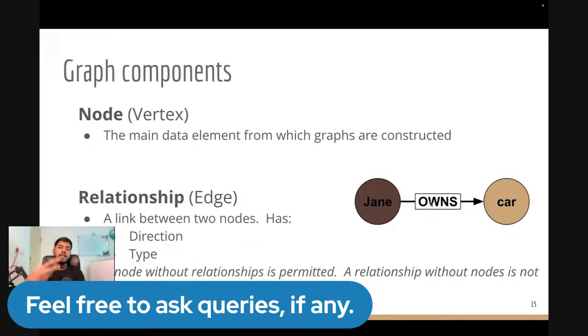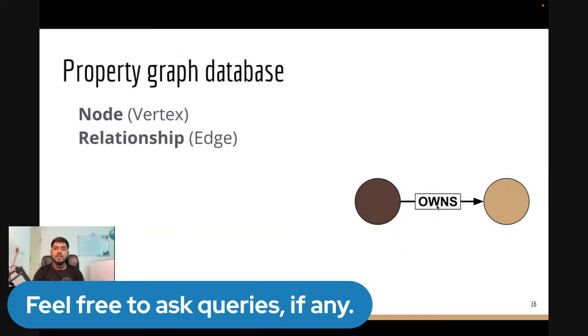And here you can store any type of relation you want, or you can draw any number of relations to your other entity or element. Here you can have the direction, which is Jane to car, and you have the type, which is owns, right?